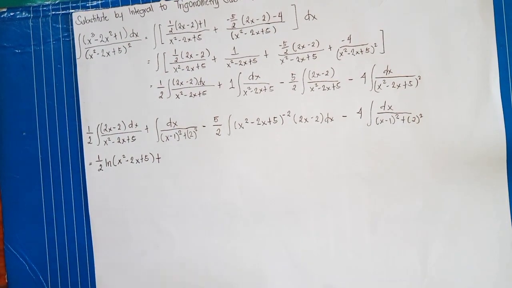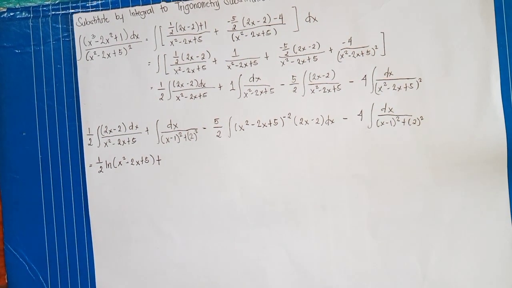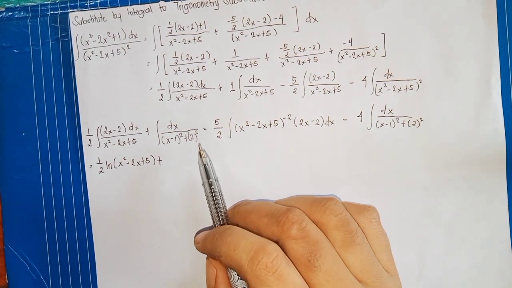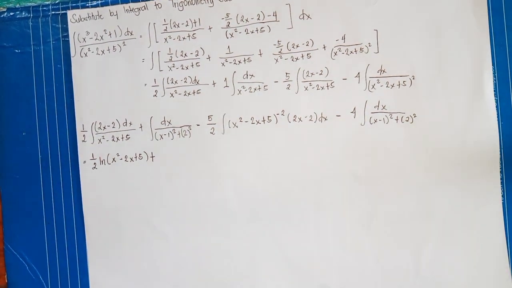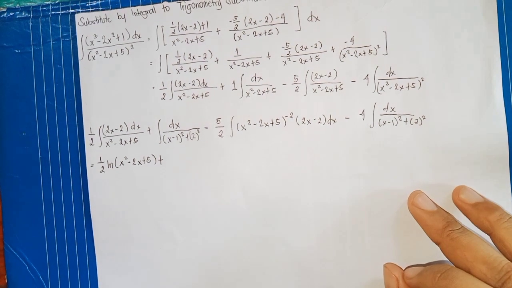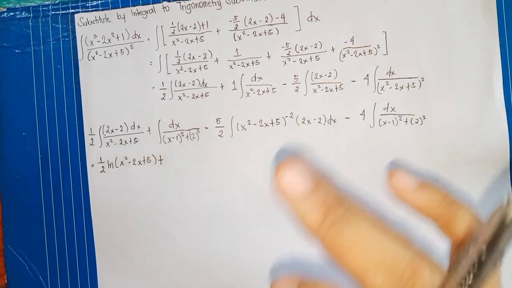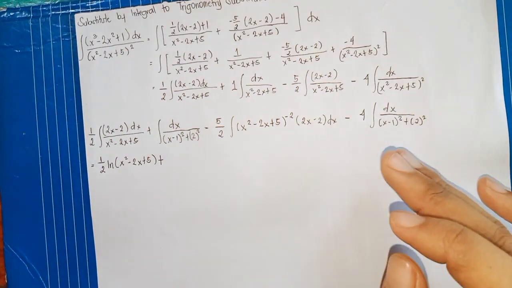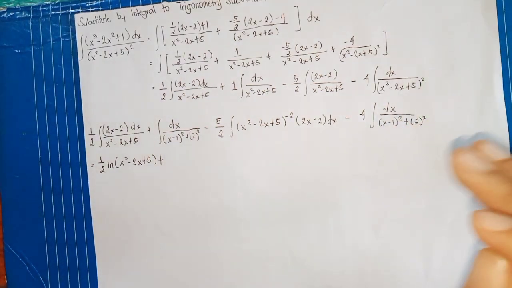Okay, so in this term, we will use the inverse trigonometric function, the arctan, or 1 all over a arctan of u all over a, plus c.